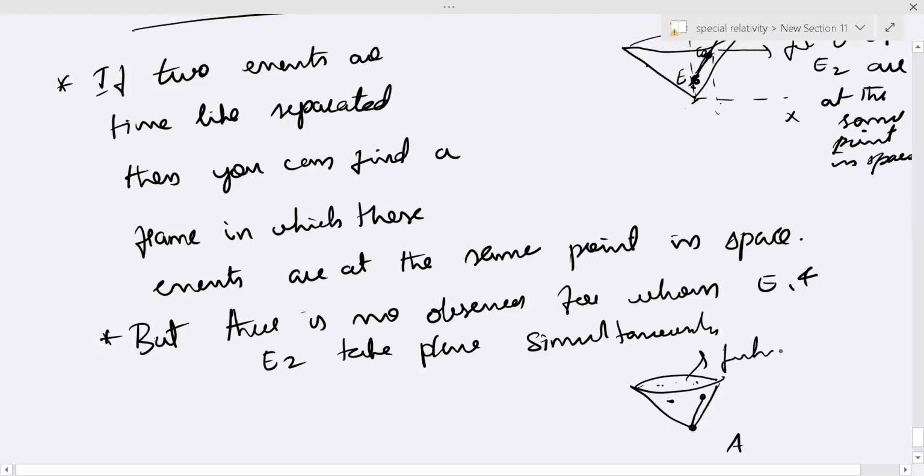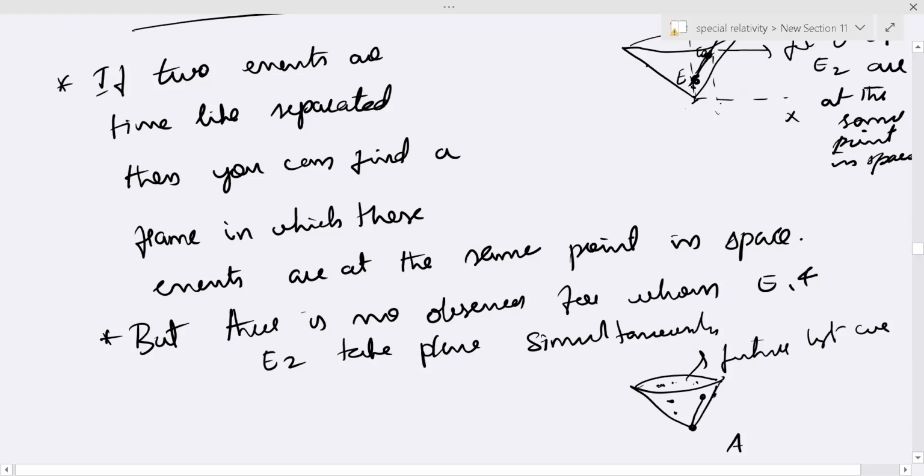So events inside the future light cone of A can be causally connected to A. A can influence only the events inside the future light cone.